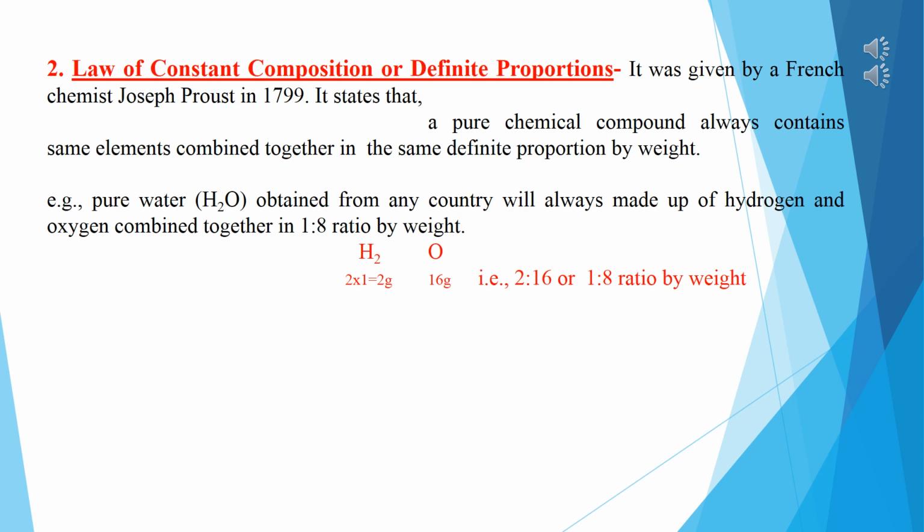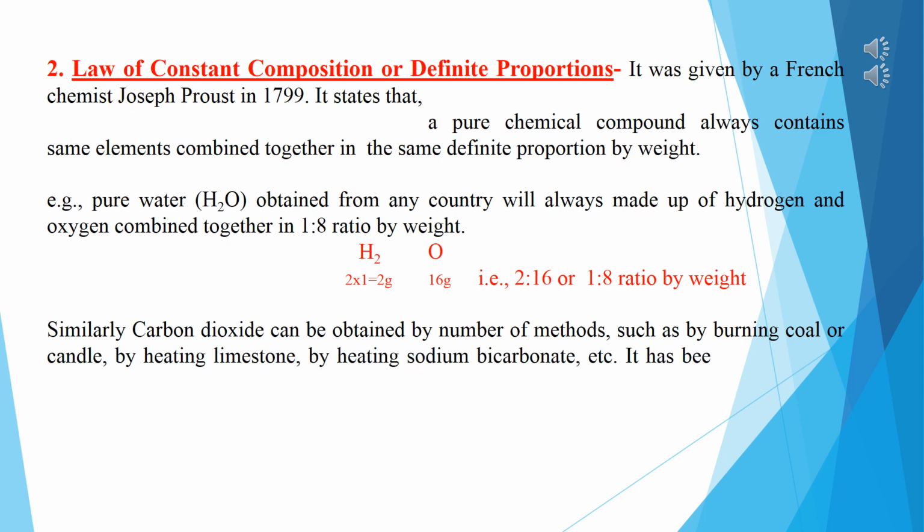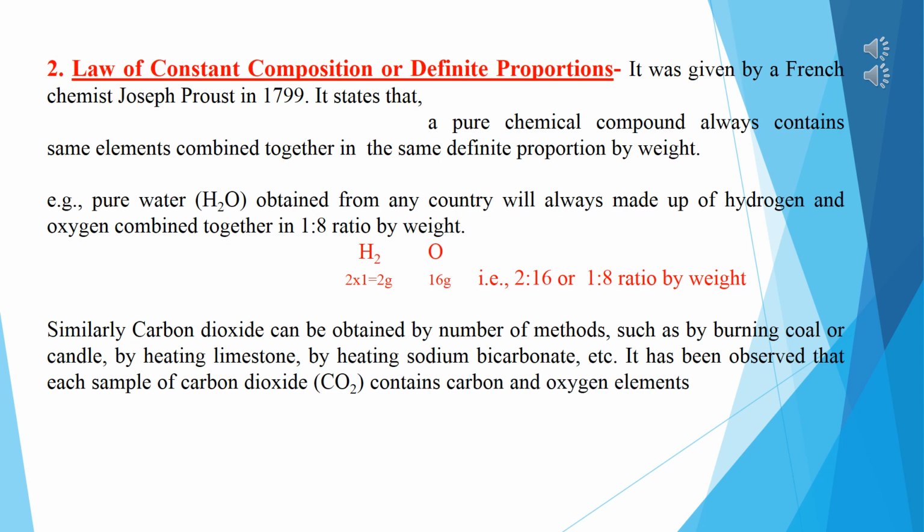Let's take another example. Carbon dioxide can be obtained by a number of methods, such as by burning of coal or candle, by heating limestone, by heating sodium bicarbonate, etc. That is, by different methods we obtain carbon dioxide. It has been observed that each sample of carbon dioxide contains carbon and oxygen in the ratio of 3:8 by weight.